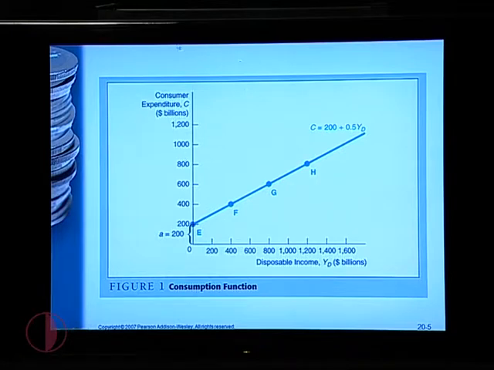This is called the consumption function, where C equals 200 plus 0.5 of YD, which is the marginal propensity to consume out of disposable income.